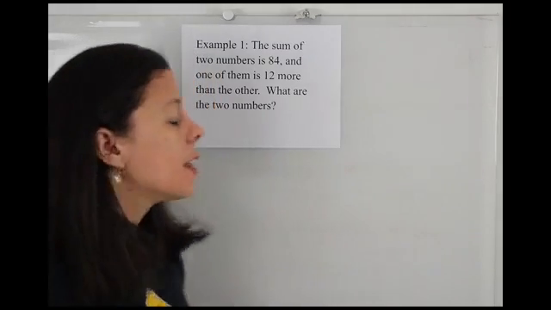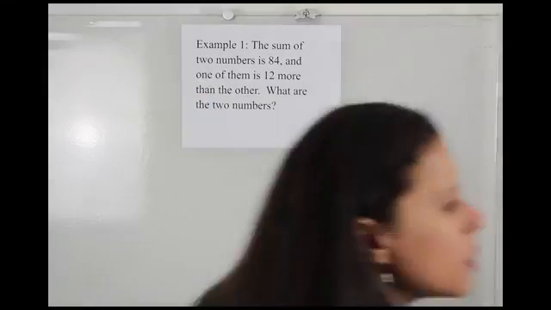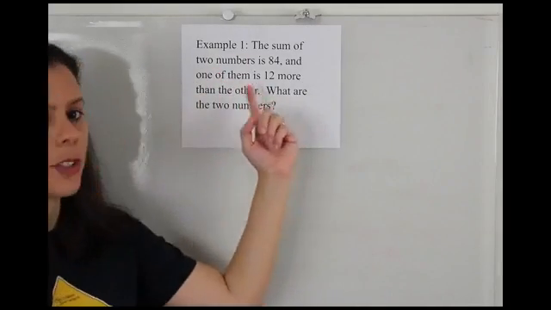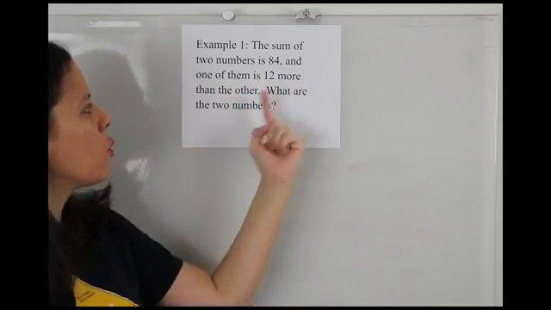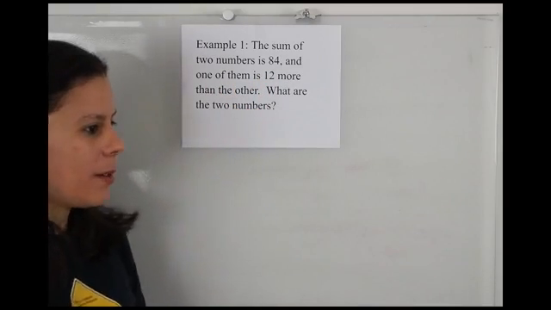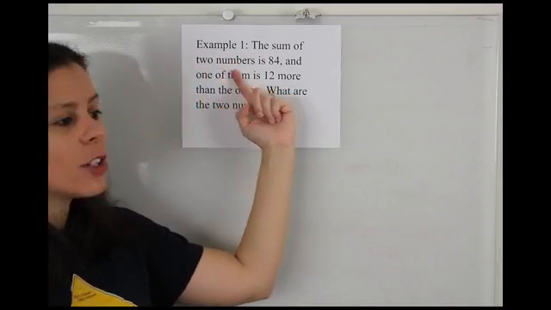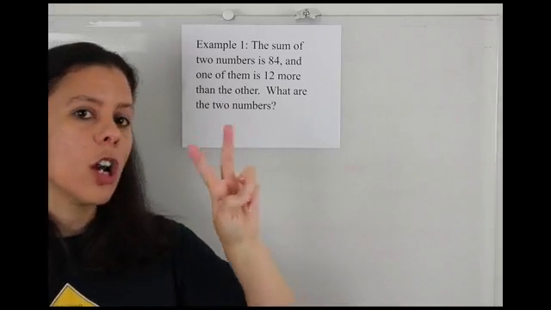So the first example is the sum, right here. The sum of two numbers is 84 and one of them is 12 more than the other. All right, so the sum of two numbers, that is telling us right away that we have two variables, right? We have two unknown numbers.